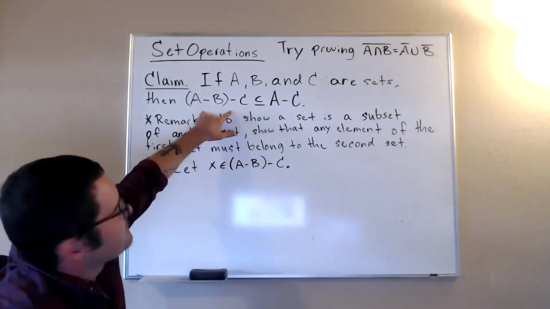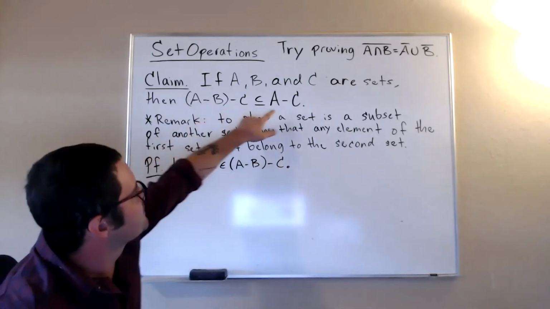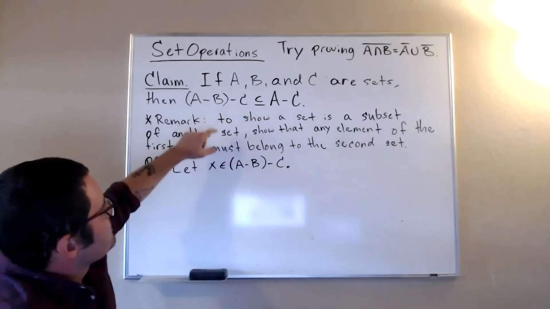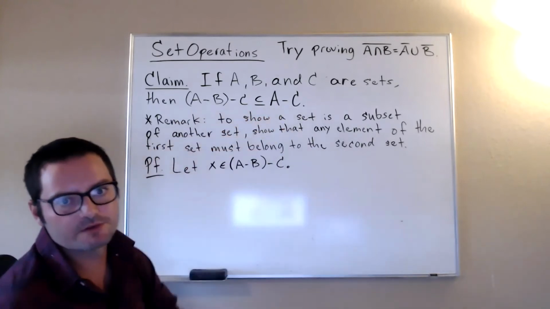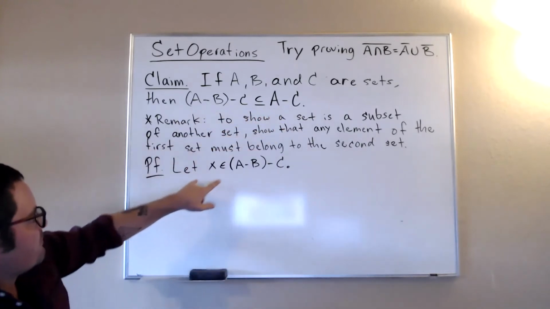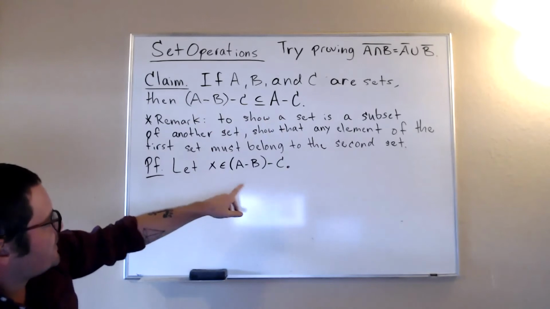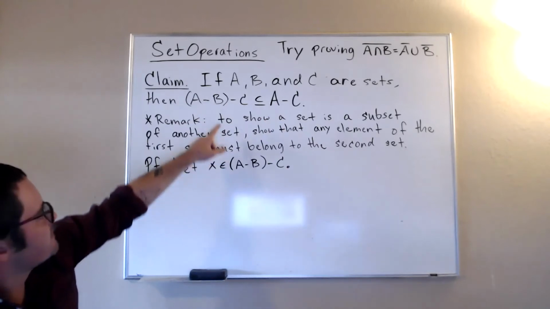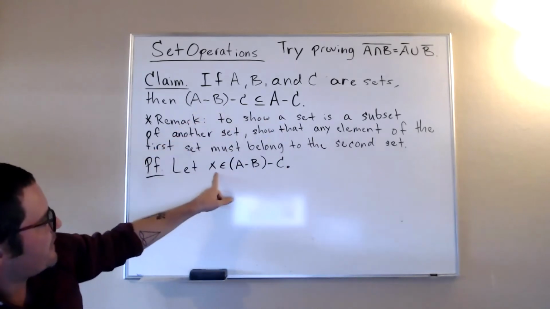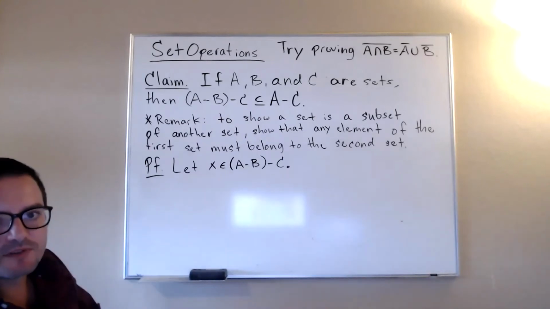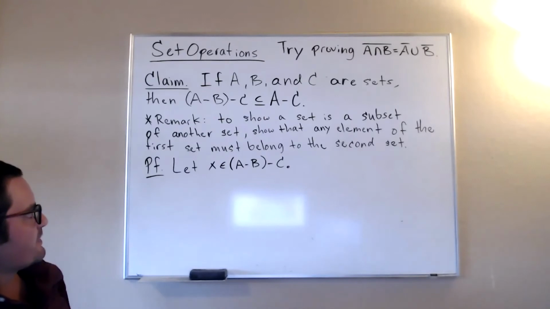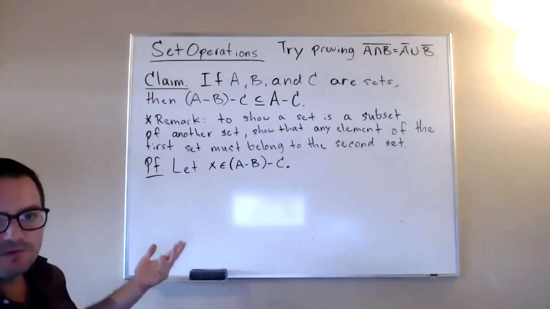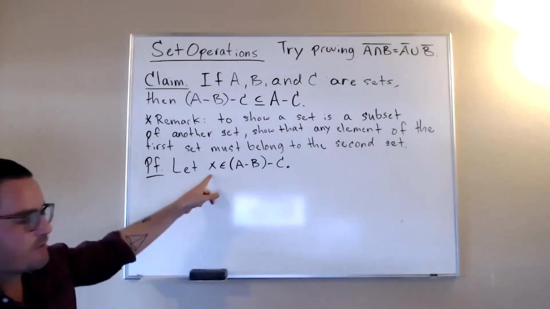I want to show that this set here is a subset of that, which means that any element in here must belong there, right? So in my first sentence, I'm picking an arbitrary element. X is just some arbitrary element in that set, okay? Once I've picked that, now I can use the definition to see what's going on with X. Where does X belong?